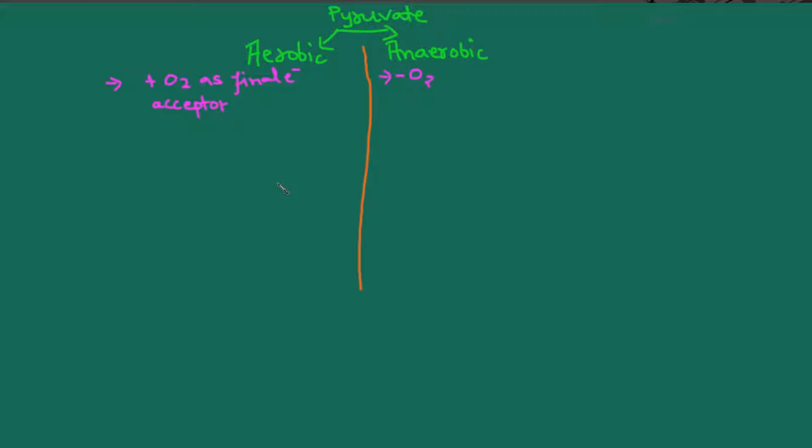So respiration is an oxidation process, and according to OIL RIG, oxidation is loss of electrons. So there is loss of electrons, then there will be somebody who is accepting those electrons, right? In aerobic respiration, the oxygen will be accepting the electrons. In anaerobic respiration, there will be no oxygen; some other things will be accepting the electrons, but electrons will definitely get accepted.